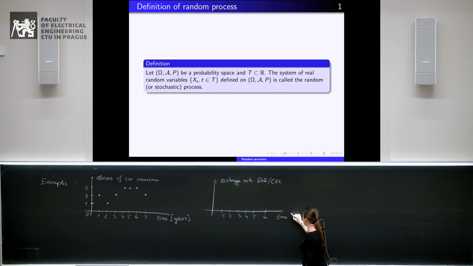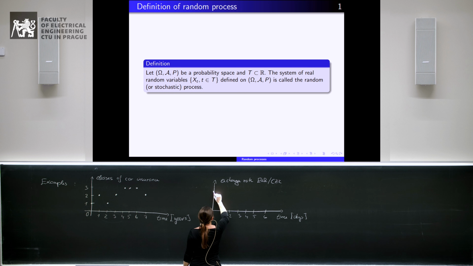And the time will be measured in days. So the exchange rate, which will be plotted here, is the exchange rate which you can read in the newspaper every morning. So let's say that everything will be somewhere around 27.50.